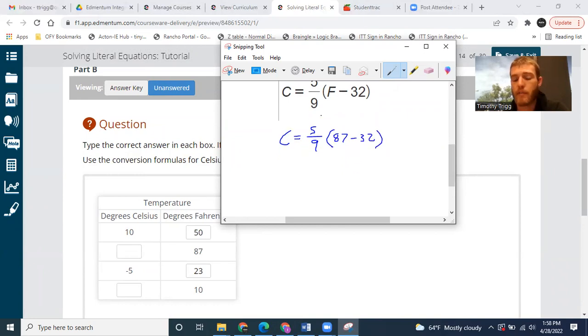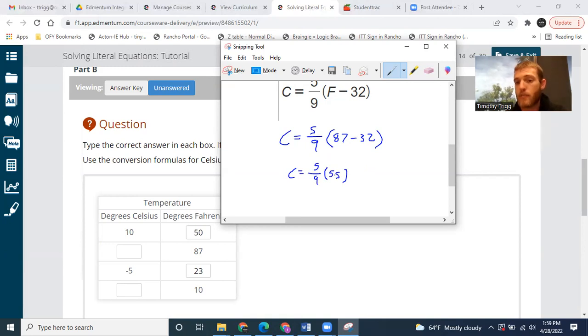Okay, now how do we figure out what this is over here? Well, we do the parentheses first, right? With our order of operations, we do parentheses first. So 87 minus 32. So that's going to give us 5/9 times, what's 87 minus 32? Well, that's 55. C equals 5/9 times 55.